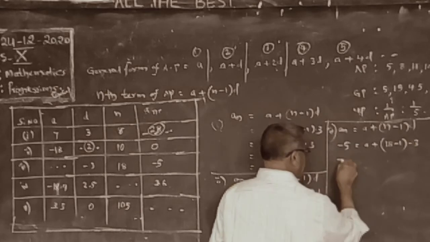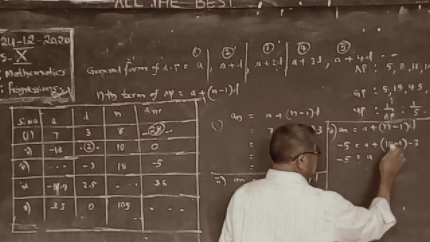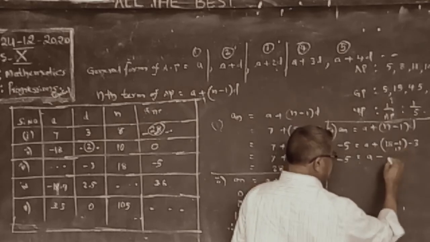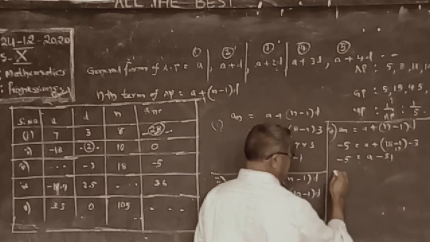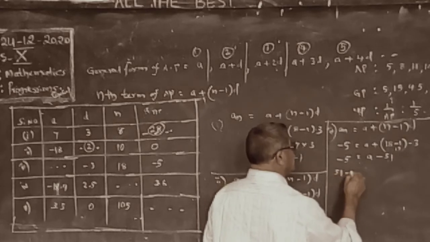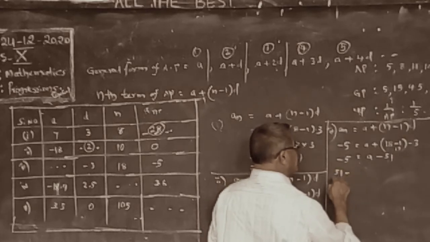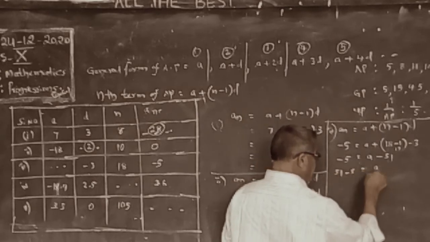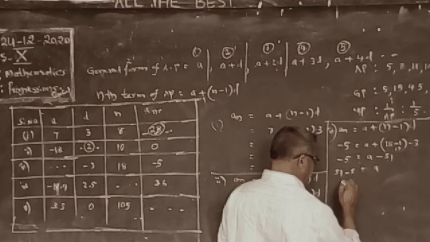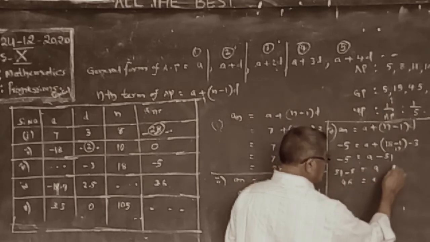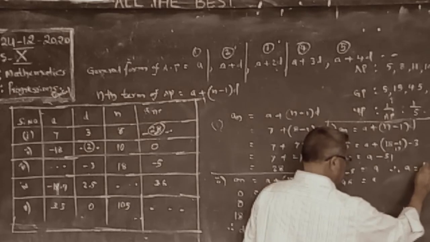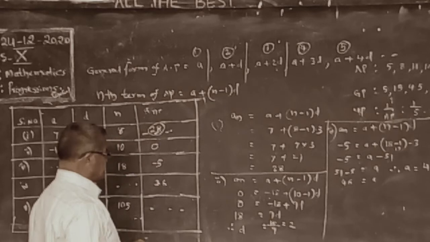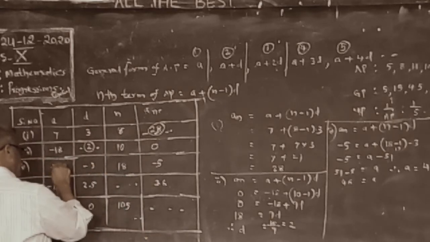Minus 5 equals A plus 17 into minus 3, which is minus 51. Minus 51 will come this side as plus 51, so A is 51 minus 5, which is 46. So here you write 46.